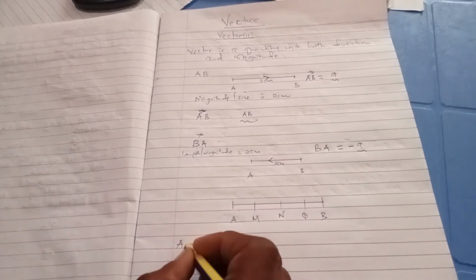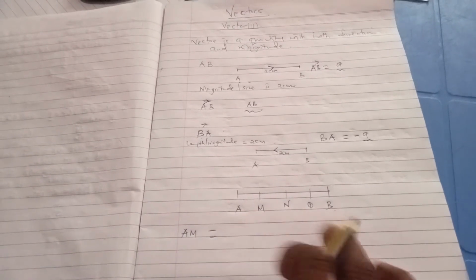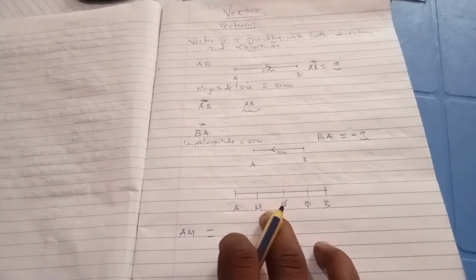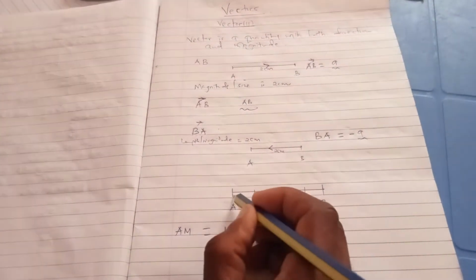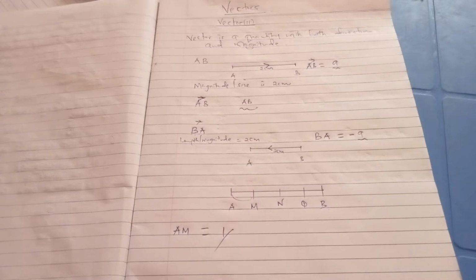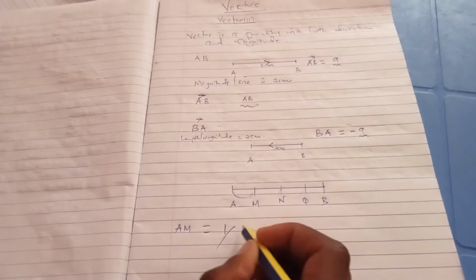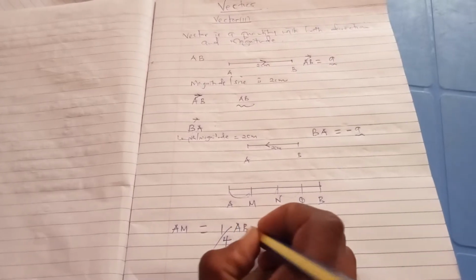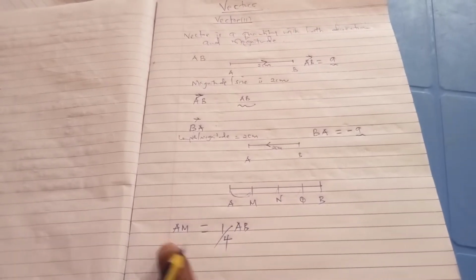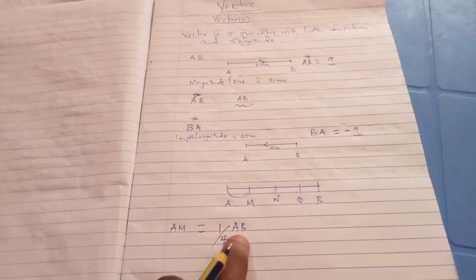For example, we can say that AM we can give as a fraction of AB. So AM will be 1 out of 1, 2, 3, 4, out of 4 of AB. So we can give it as a fraction. AM is equal to 1 over 4 AB.